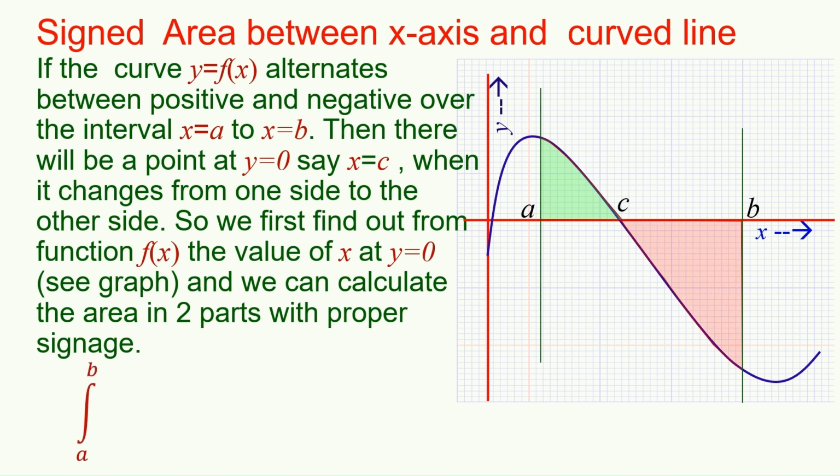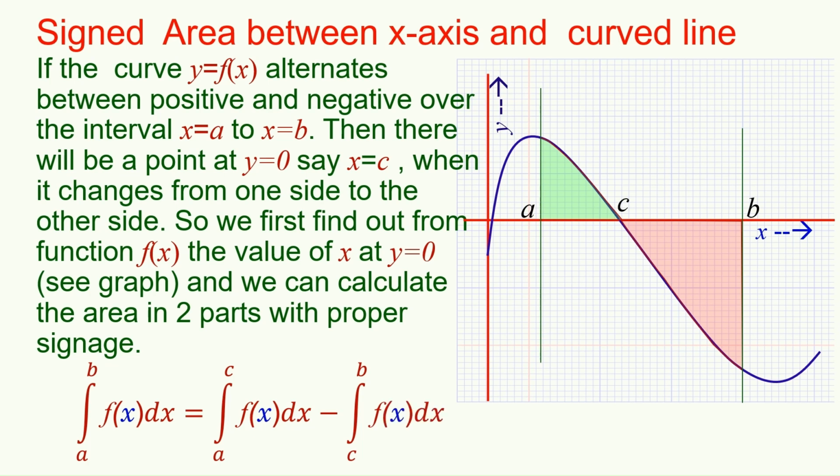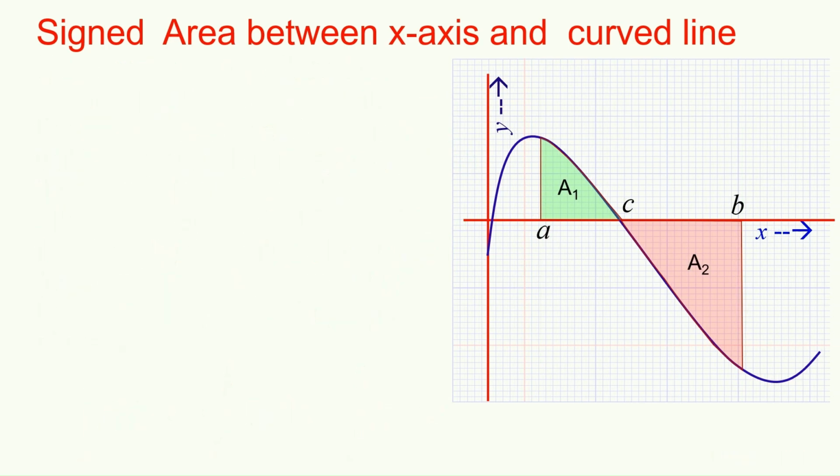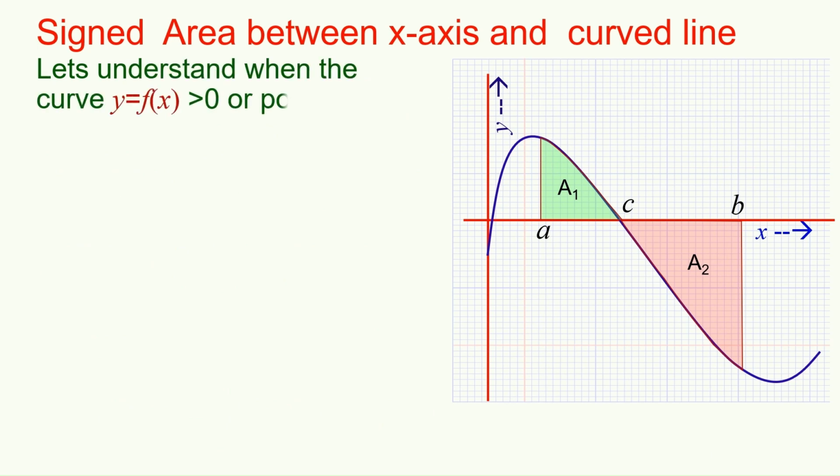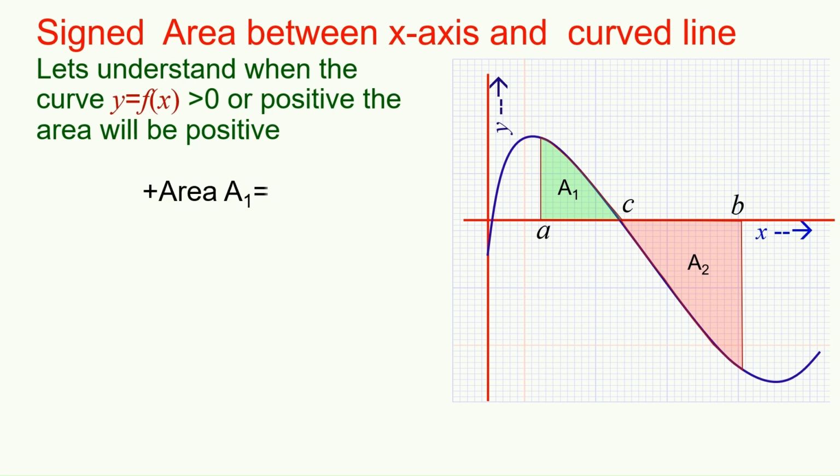Area equals the definite integral of f(x) with respect to x from a to b equals the definite integral of f(x) with respect to x from a to c minus the definite integral of f(x) with respect to x from c to b. Let's understand. When the curve y equals f(x) is more than 0, or positive, the area will be positive.